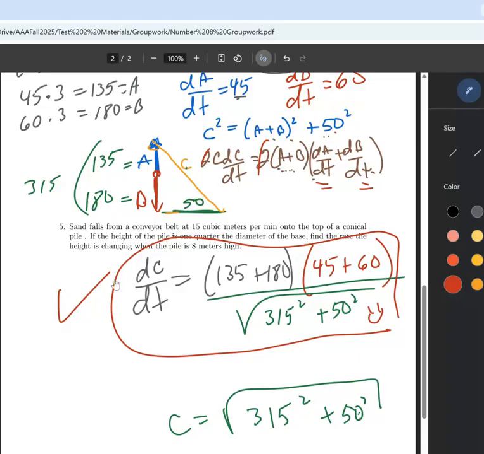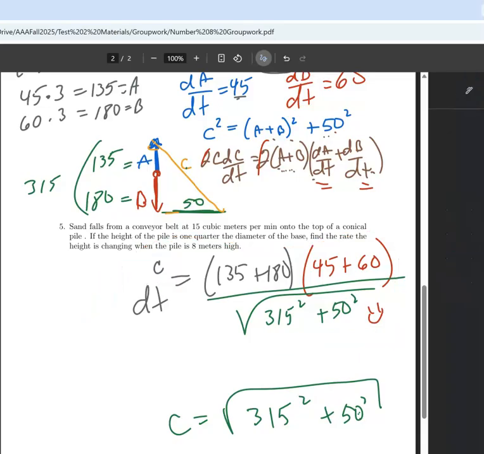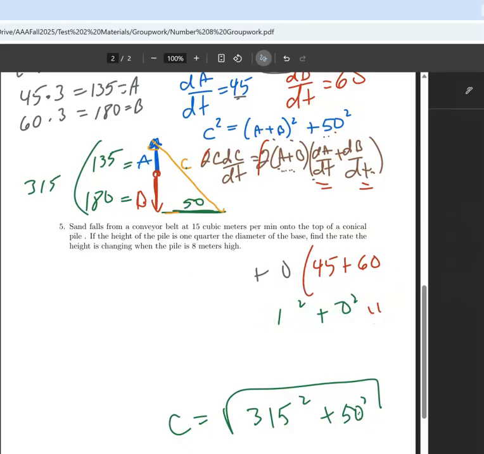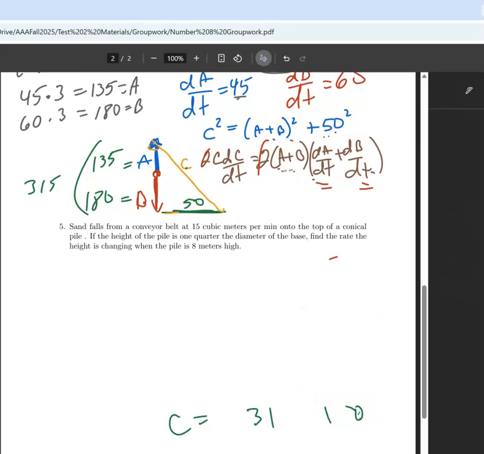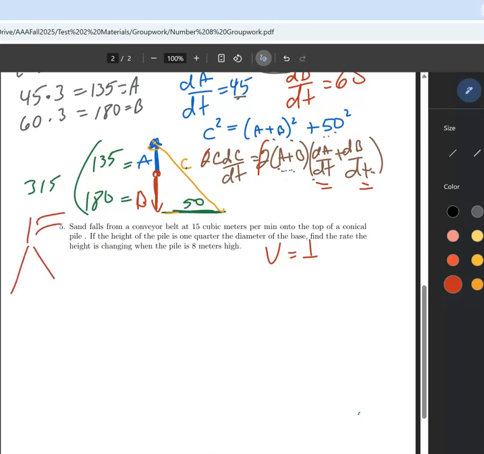All right, one more here. So we've got this conveyor belt dumping out sand, and I want you to know what that formula is, and I kind of mentioned that in the notes, right? So the volume of a cone, like, but it's falling. Look, sand is falling into this cone thing.